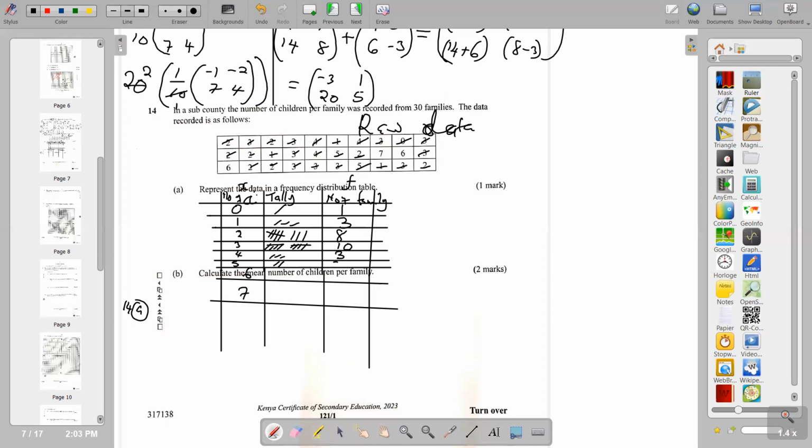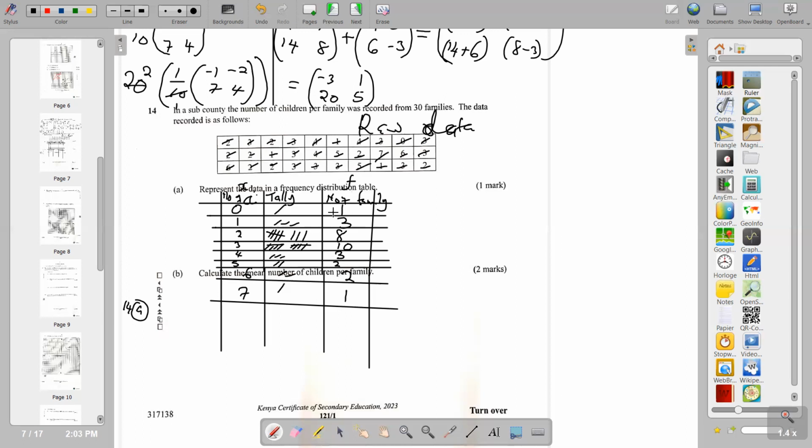So here is 2. And then 6, you have 1, 2. So here is 2. And then 7, 1 stroke, and here is 1.